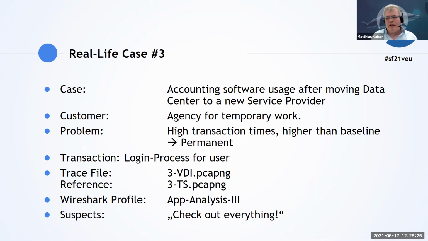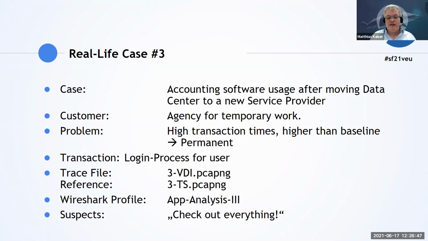They were threatened with more than 1 million of penalties. And so they were really upset. And the service provider called us up, it was me and a colleague of mine, let's check everything. They had no clue. Now, let's get started here.